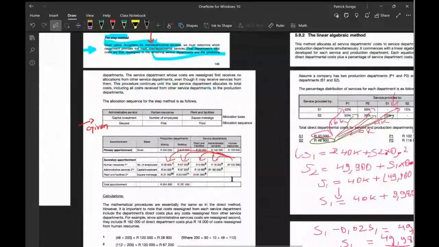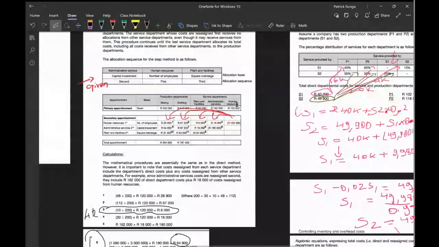If you look here, the human resources, for example, people, we will need to allocate people to the administration. We will need to allocate also people to the plant and facility. So you can see that for HR, some of the costs will need to be reallocated to the other service departments.